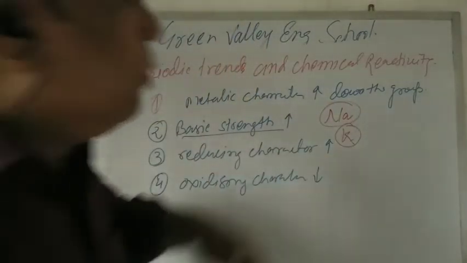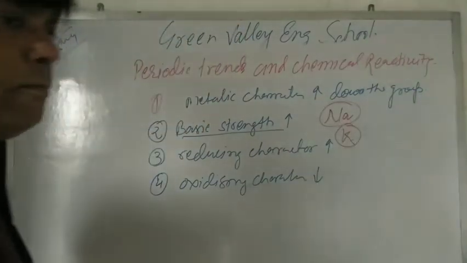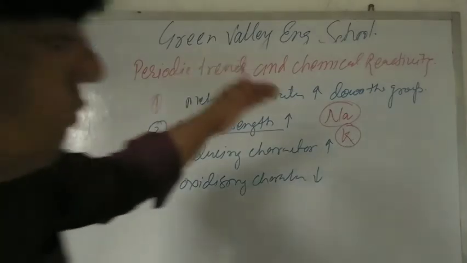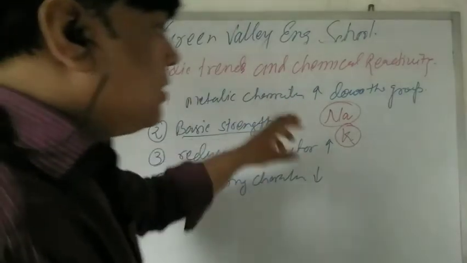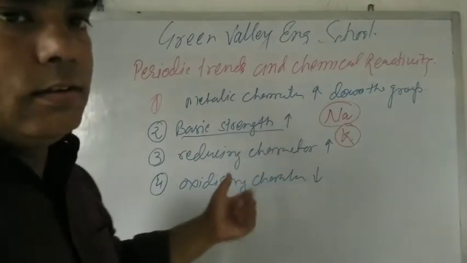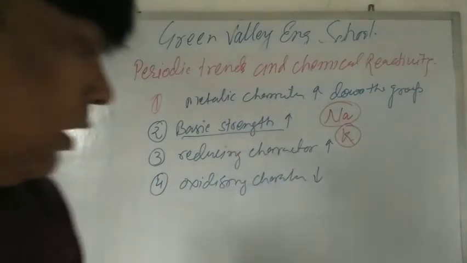Or which one has more metallic property? Potassium will have more metallic property because potassium will lose electrons easily, right?